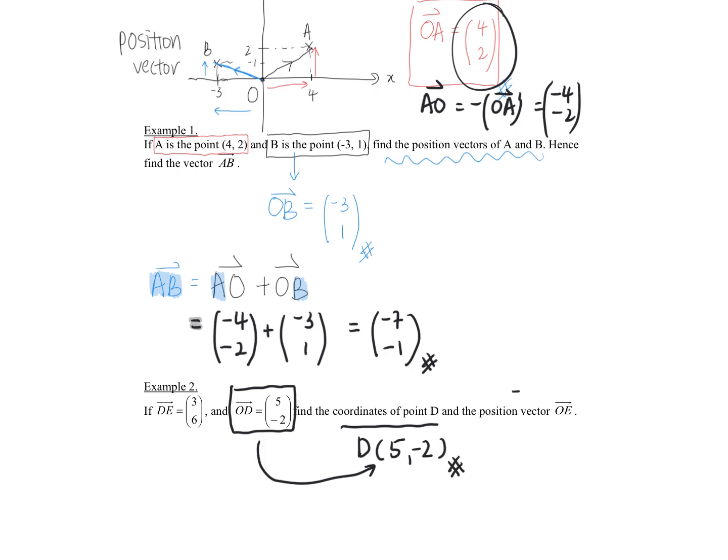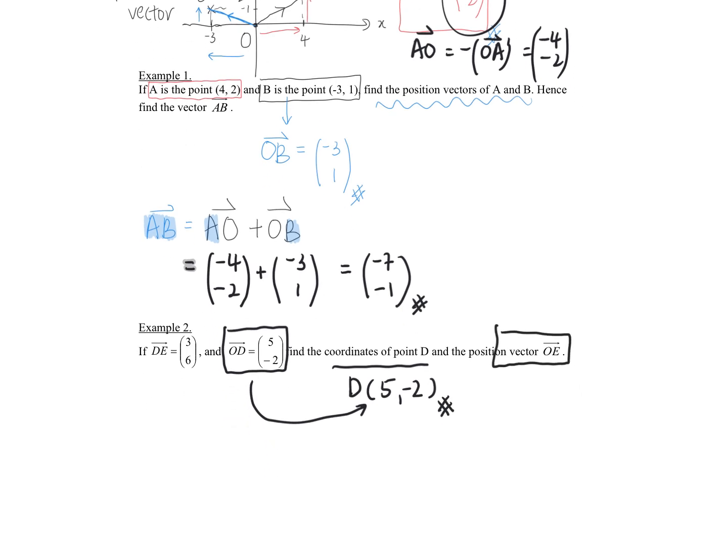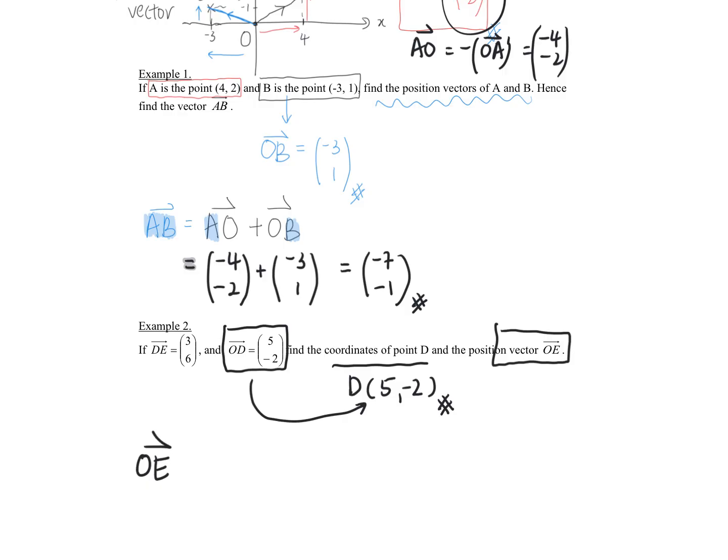Okay, and then I want to find OE. So you ask yourself, they give you DE, they give you OD. What is the intermediate station if you want to start and end from O to E? What is the interchange? D. So just put in the D first. So remember, your start and end must be the same thing, OE. The interchange must be the same.